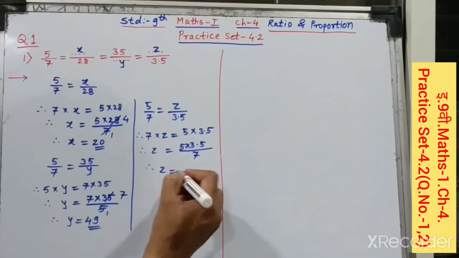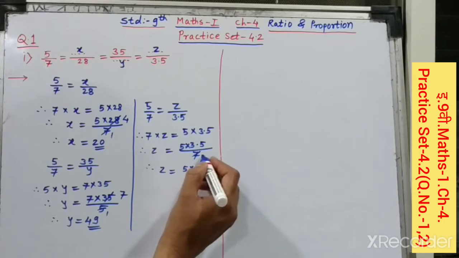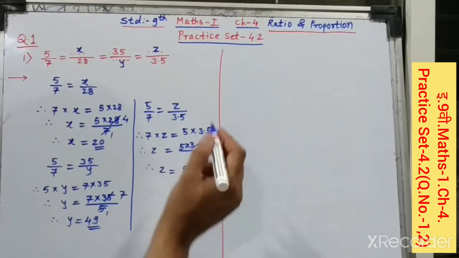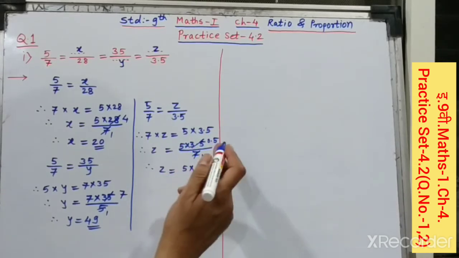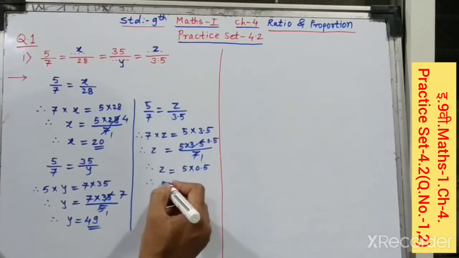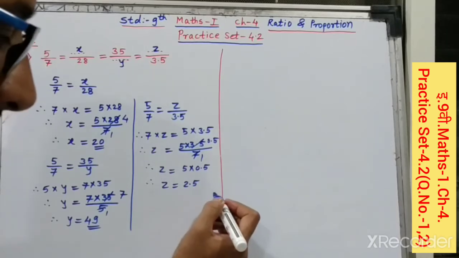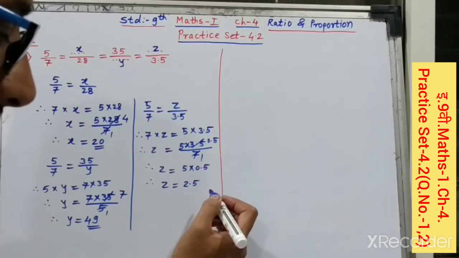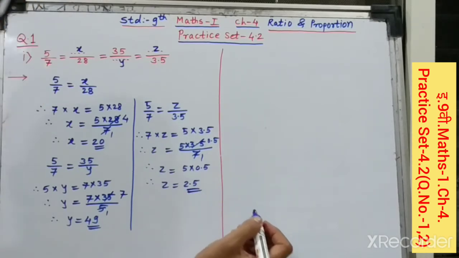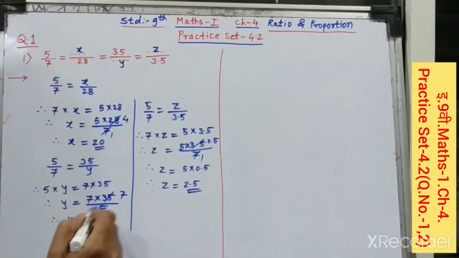So z is equal to 5 into, here 7 ones are 7 and 7 into 0.5 is 3.5. So 5 into 0.5 here. So z is equal to 2.5. So this is the answer. So in this way we find the values of x, y, z here.